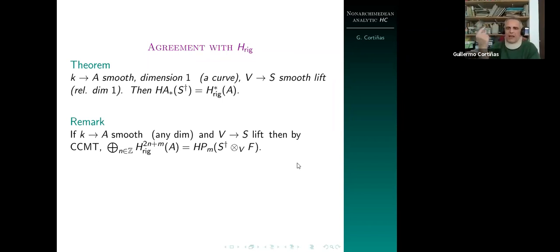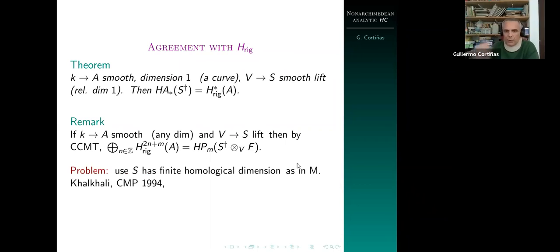So what we want is that HA is HP. And what do we know? We know that S is of finite homological dimension. So we want to use this trick of Masoud to repeat the same proof.